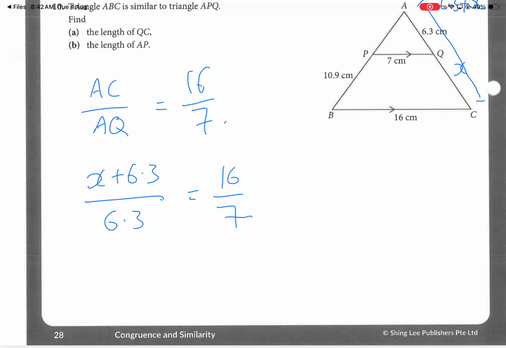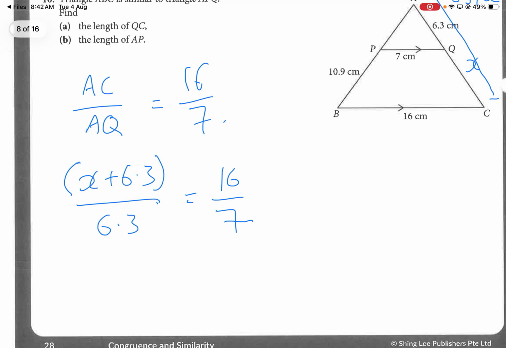If I never put AC as X plus 6.3, I can also go and find AC first, then I find what is X or what is QC. But right now, I show you the solving of equation first. I have X plus 6.3 as the numerator. There is a plus, so I must remind myself they belong together.